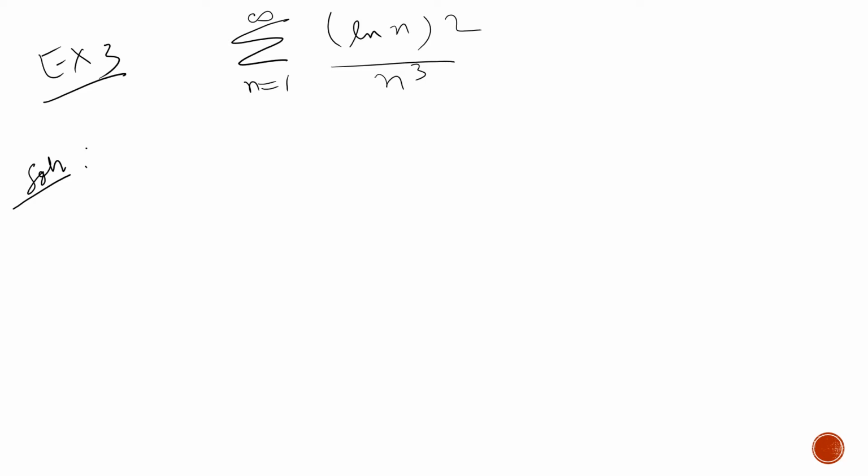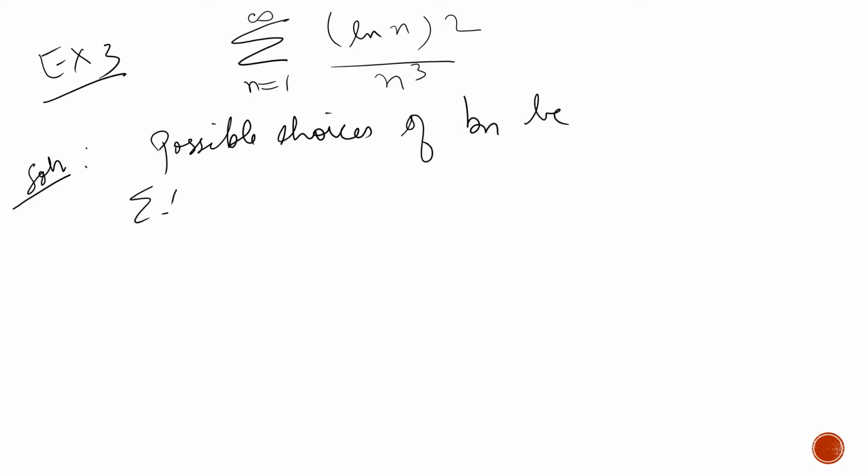Now let us consider that the possible choices of Bn be summation 1 by n square, summation 1 by n cube, summation 1 by n to the power 4, and so on.